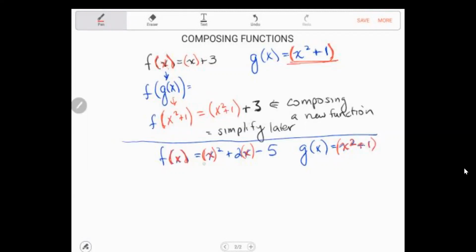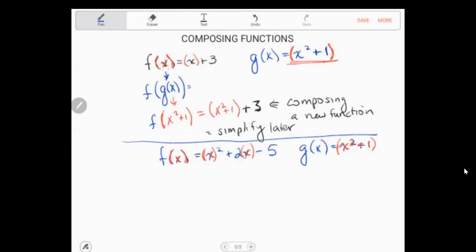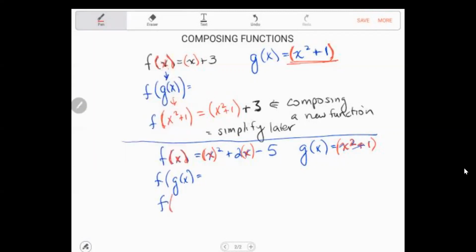It's just like putting a 5 in, or a 3, or a -2. Instead, this is called inserting g into f. Again, you don't have to write this stuff down, but in your mind, at least, you need to be thinking x squared plus 1 is going to go in here.